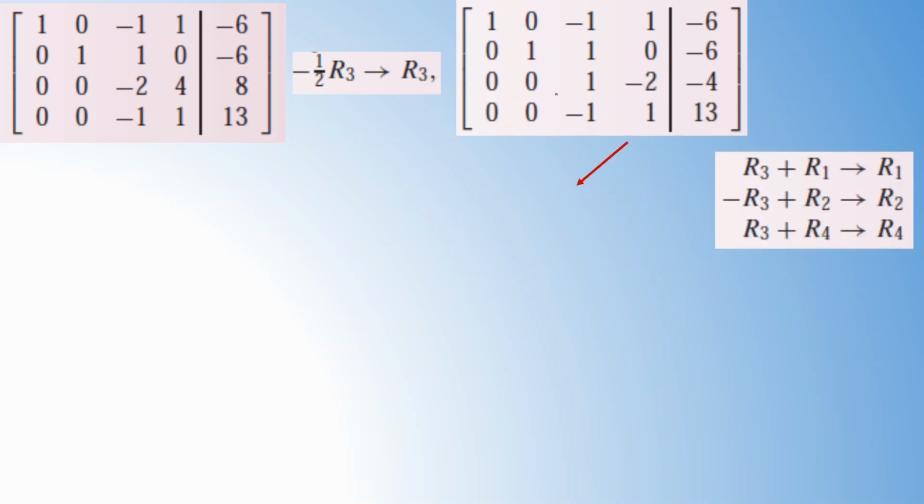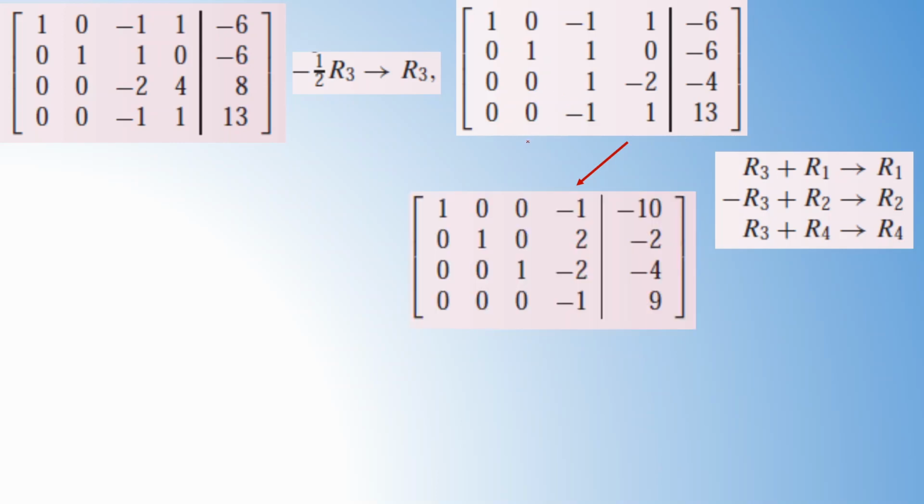Applying this operation, 1 plus minus 1 is 0. Minus 2 plus 1 is minus 1. Minus 1 into minus 1 is minus 1. Minus 1 plus 1 is 0.